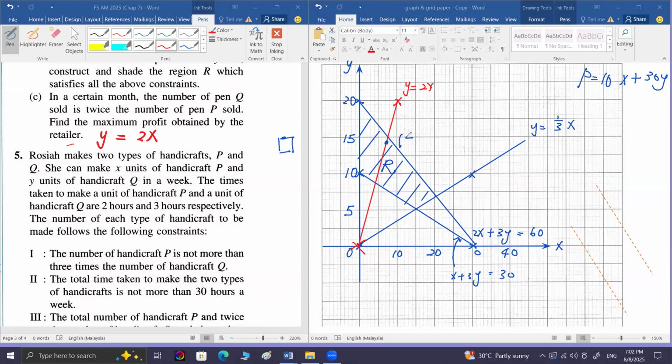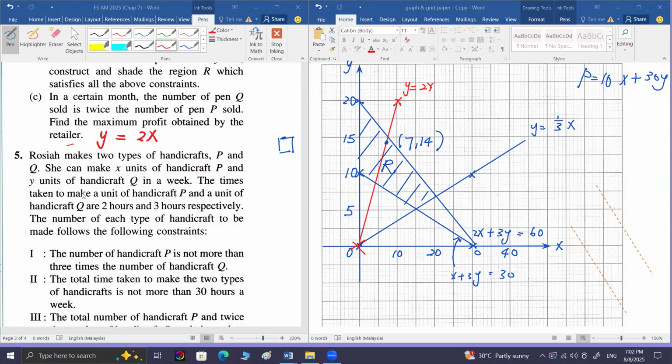Okay, I found this point, that is 7, 14. See that? 7, 14. You cannot choose the other point, class.